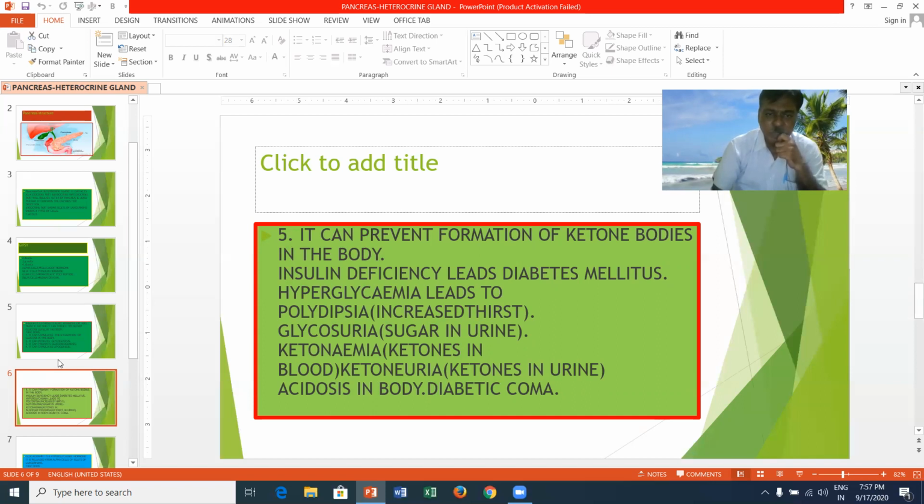If the ketones are present in the blood, it is called ketonemia, and it also causes acidosis in the body. Finally, it leads to diabetic coma. That means the hypoactivity or insulin deficiency leads to polydipsia, glycosuria, ketonemia, ketonuria, acidosis, as well as diabetic coma.